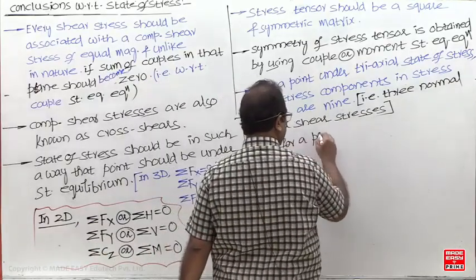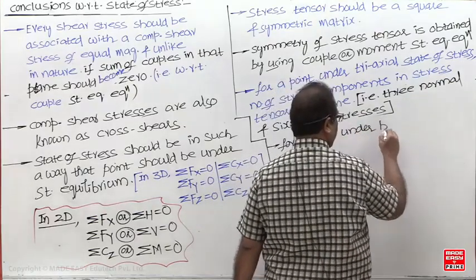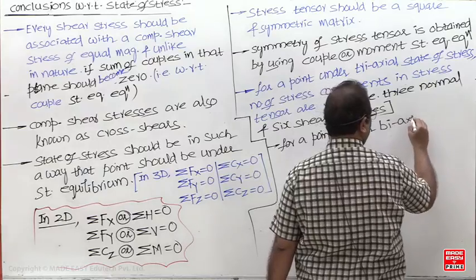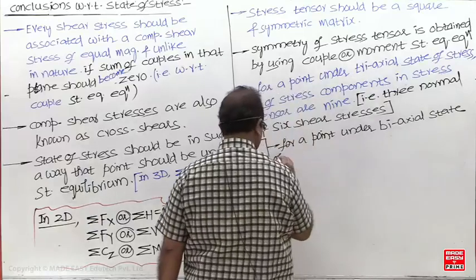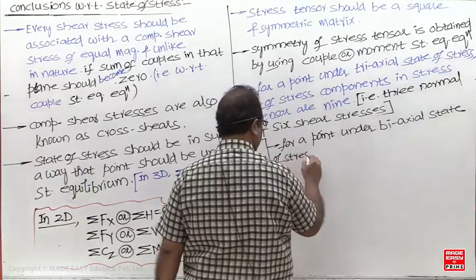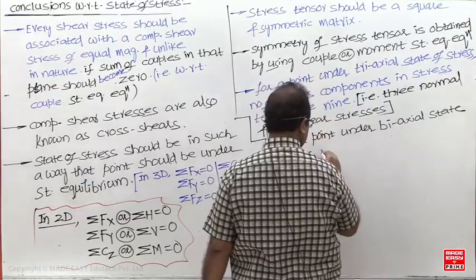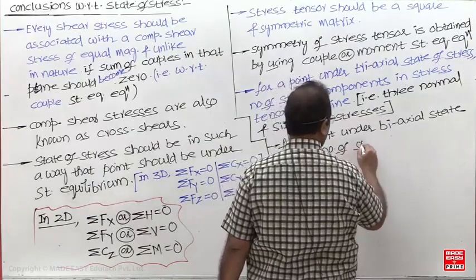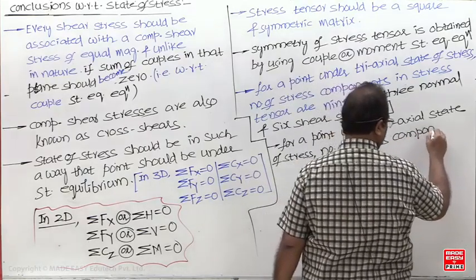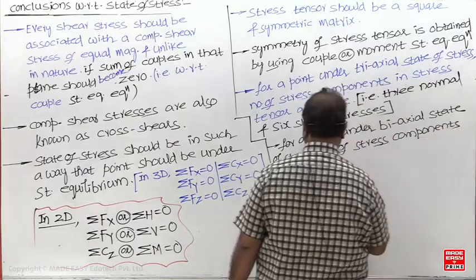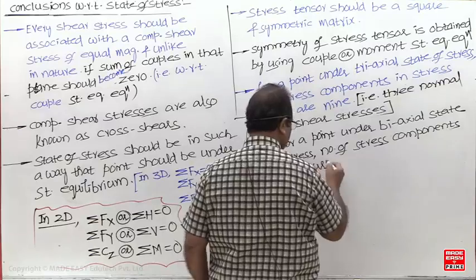For a point under a biaxial state of stress, they are 4.